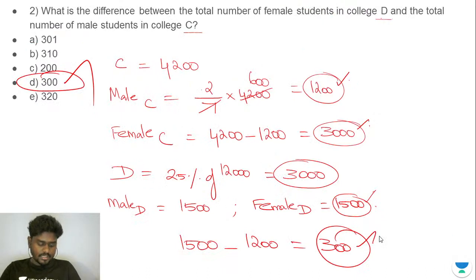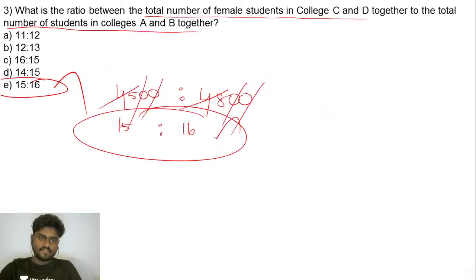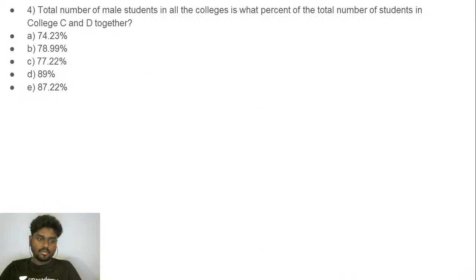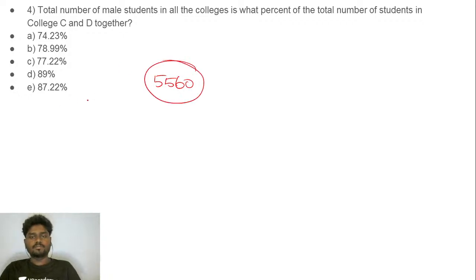With this 2,860, if you add 1,200 for the male students in college E and 1,500 for the male students in college C, you'll be getting 5,560, right? 5,560 is the total number of male students in all the colleges.